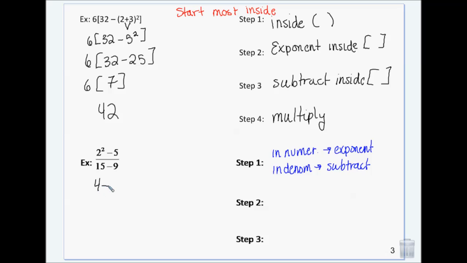So it's going to give me 4 minus 5 over 15 minus 9, which is 6. Then we'll subtract in the numerator.